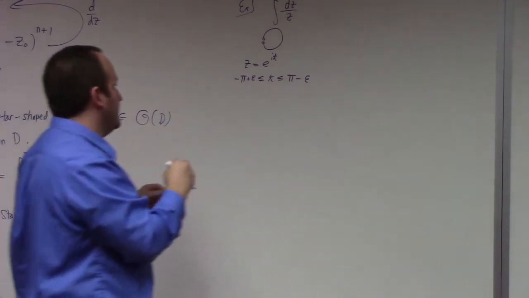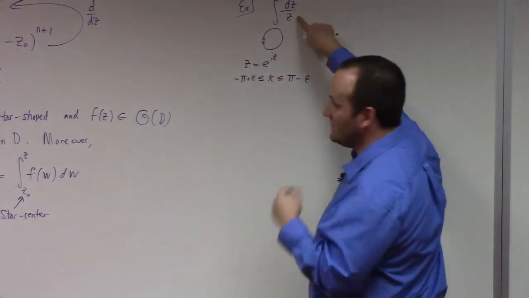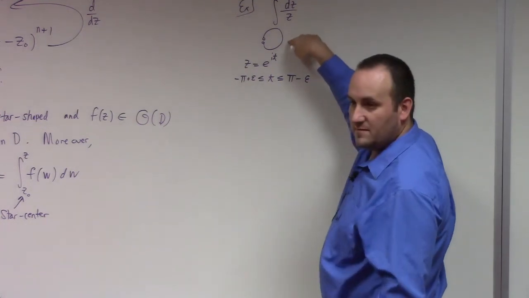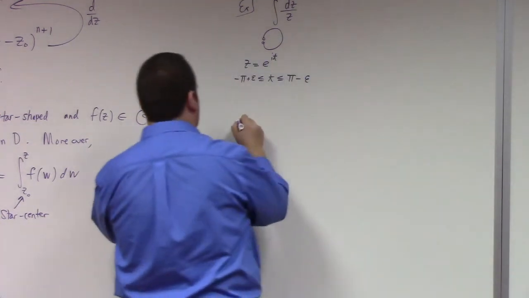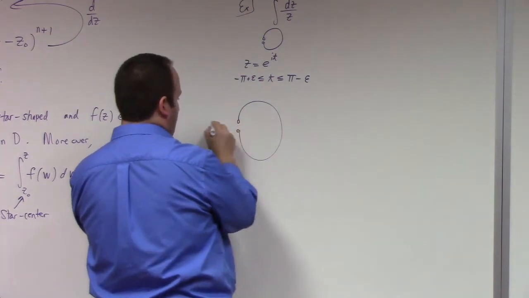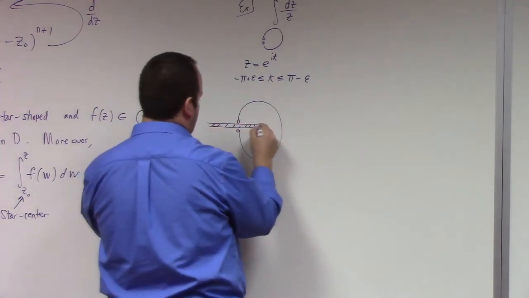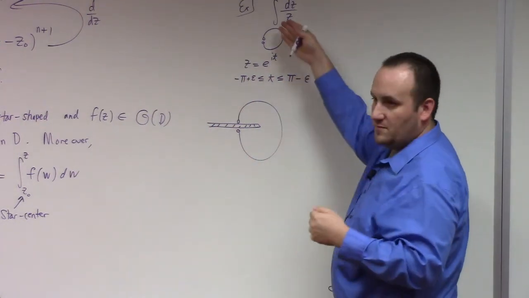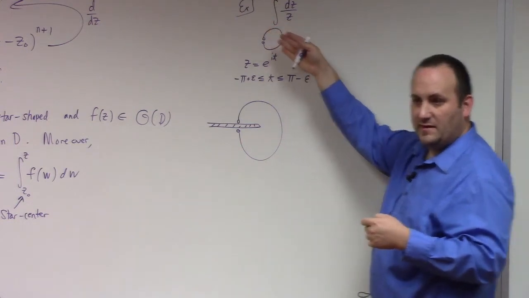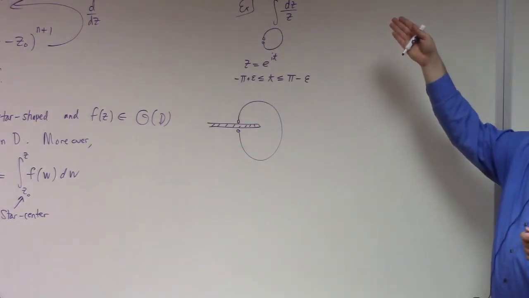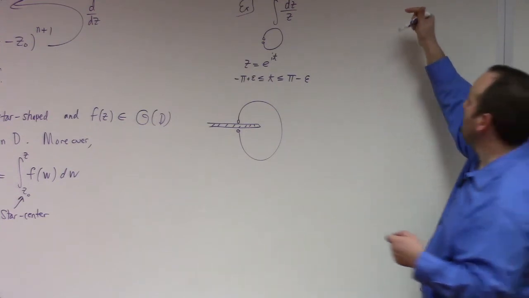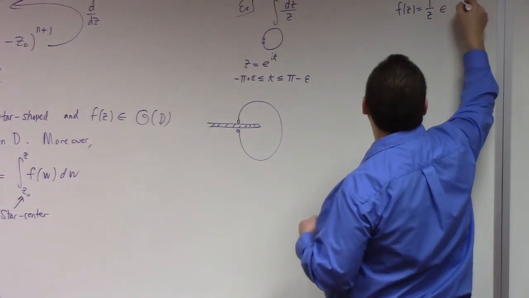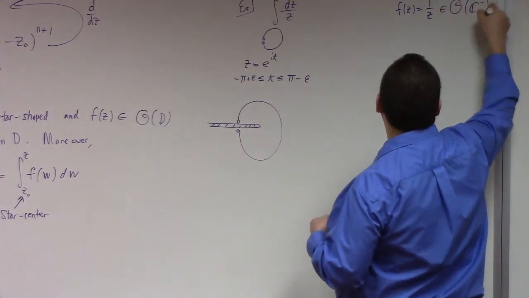All right, if I do that, is this function integrable on this curve? Well, yeah, that curve has no problem. The slit is not there. In fact, this curve is in a star-shaped domain on which the given function is holomorphic, right? F(z) equals 1 over z is an element of the holomorphic functions on the slit complex plane.